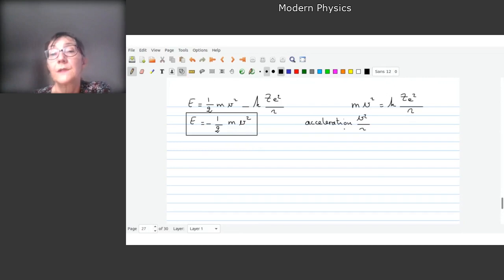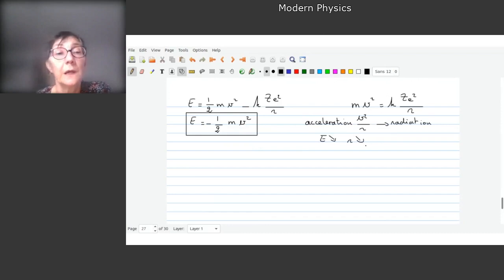As it is accelerated, there will be emission of radiation, it will radiate energy, so the energy will decrease, and the radius will decrease.